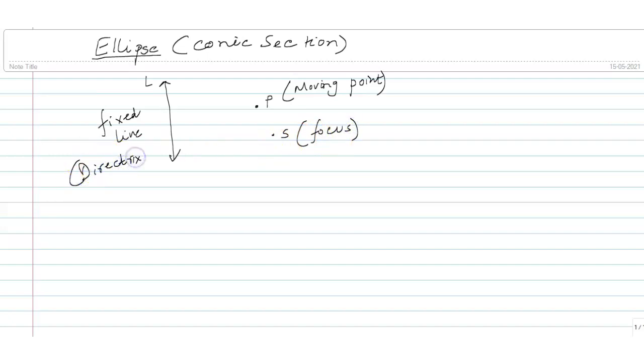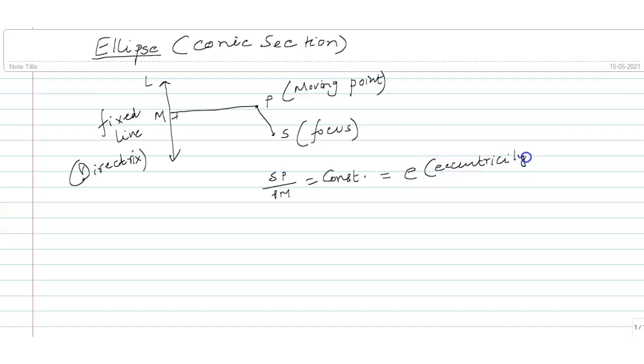If we draw a perpendicular PM, and join PS, and SP over PM equals a constant, equals E, this E is the eccentricity.